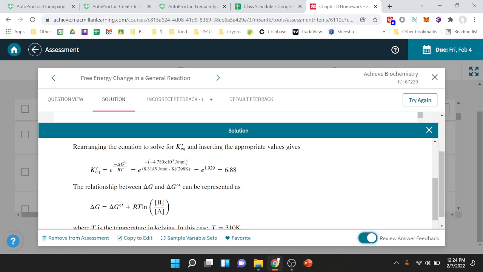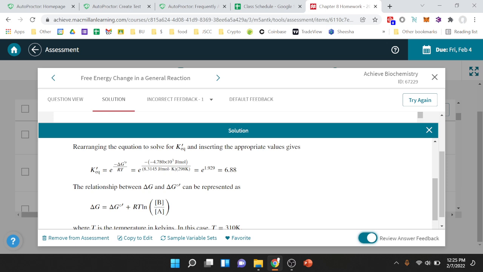We plug our numbers in. So we do that 4.78 times 10 to the negative third we were given, right? Make sure your units match. Notice this is times 10 to the third, right? Because we need to have it in joules, because our R is in joules. You can go into kilojoules too. It doesn't matter. You just need to have the same, right?